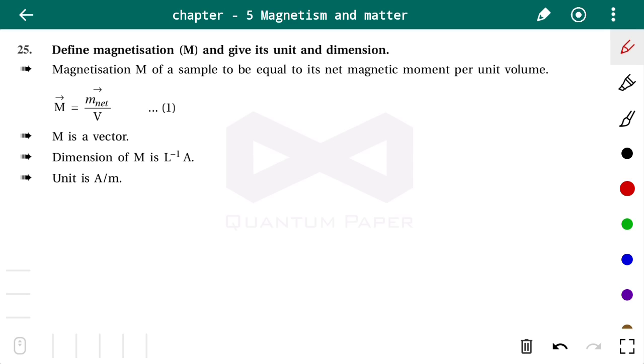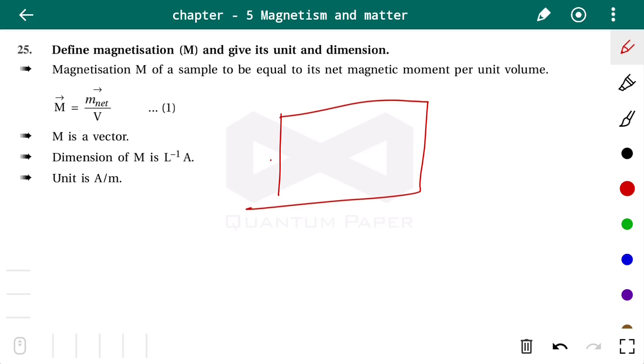So how does a material have magnetization, how does it have magnetic property? Every material consists of atoms, and in atoms there are electrons revolving around the nucleus. They are in motion, and when they are in motion, current is produced. That means every atom generates a magnetic moment. Suppose we take a specimen or a sample.